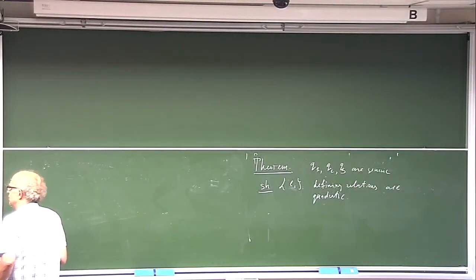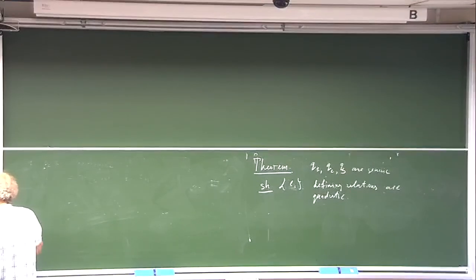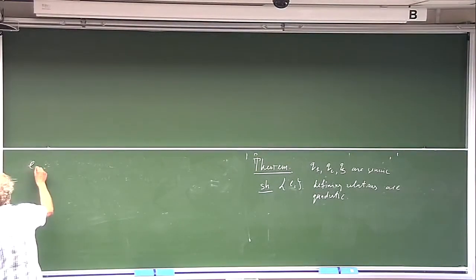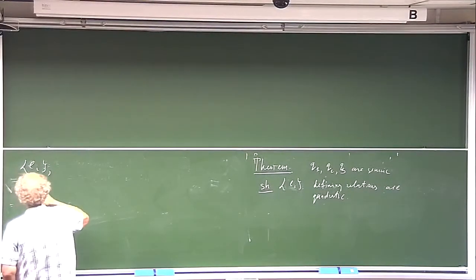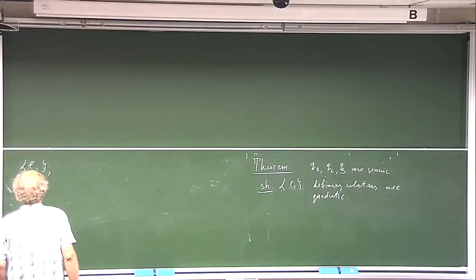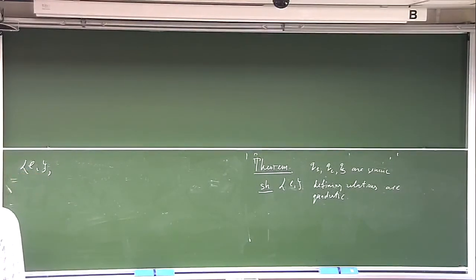One thing about this. Suppose you know that an algebra is generated by EI, but it has such kind of quadratic relation, which is the relation I wrote here.